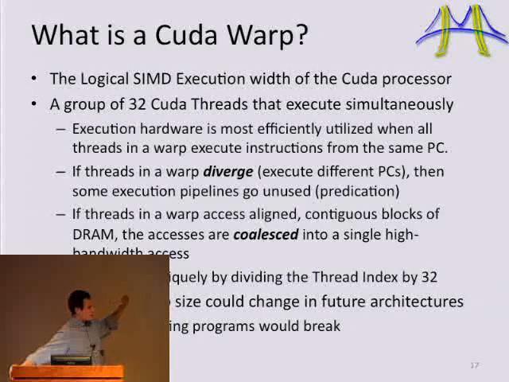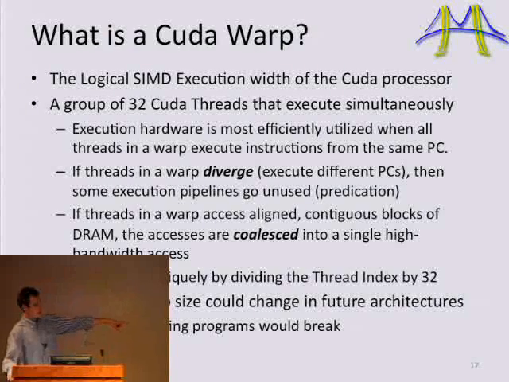And with respect to memory access, if all the threads in a warp are loading or storing an aligned contiguous block of DRAM, those 32 accesses will be dynamically merged into a single high bandwidth access. That actually turns out to be the most crucial thing for improving the performance of a CUDA program.